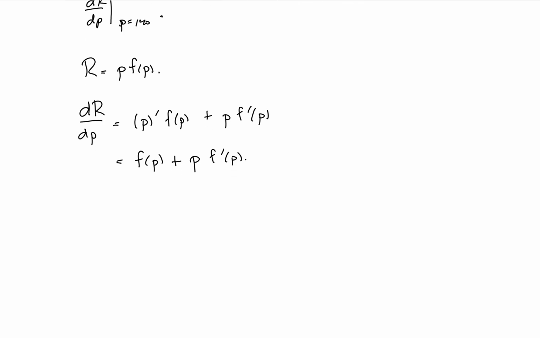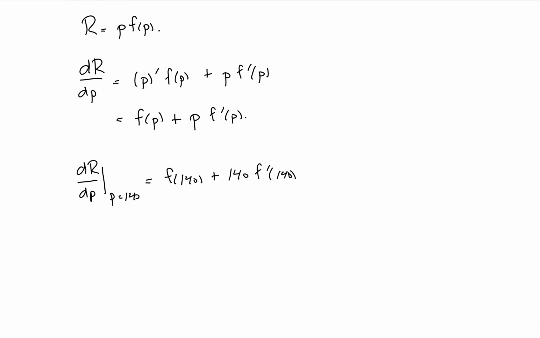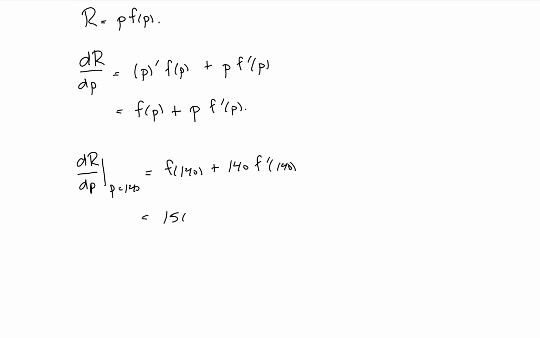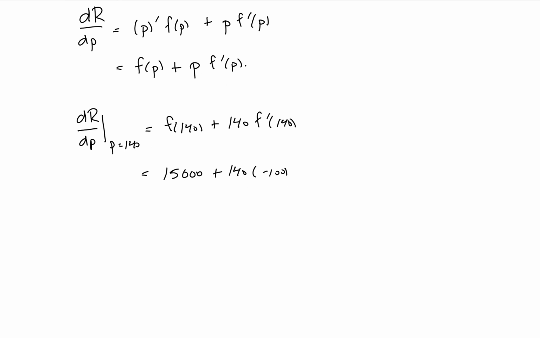So now I want this when p is equal to 140. So this should be f of 140 plus 140 times f prime of 140. And now we can fill in these values. This was 15,000 plus 140 times minus 100. And so this is 1,000.